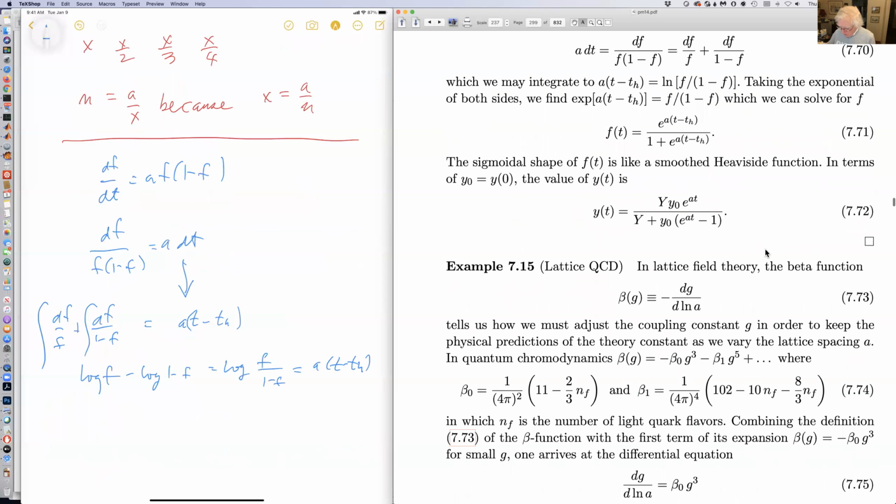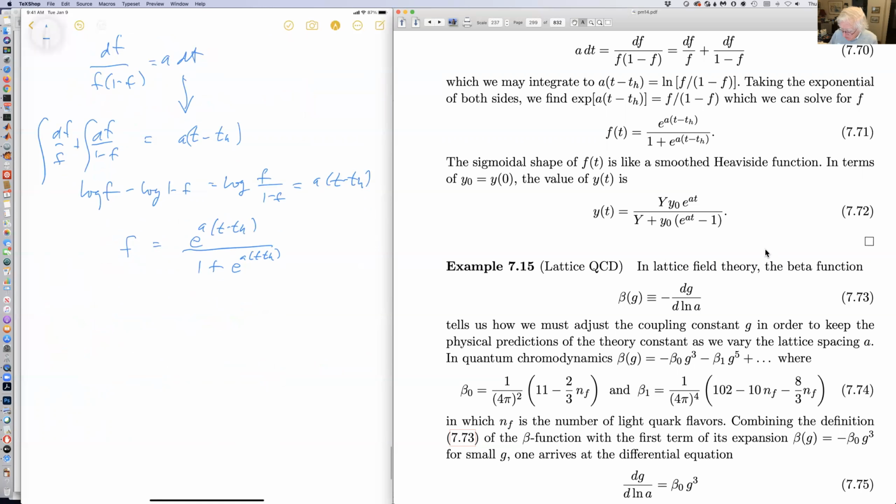Well, let me just write it as f is equal to e to the a t minus th over 1 plus e to the a t minus th. And so then what is this? This very last part isn't very clear, so let me write this as t minus th.